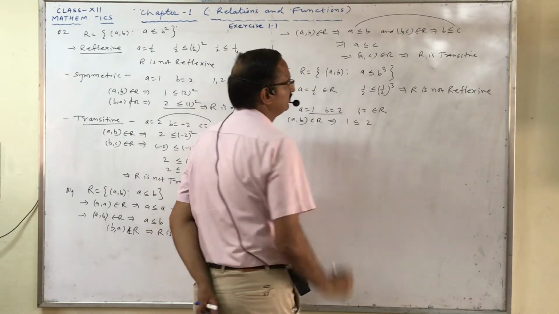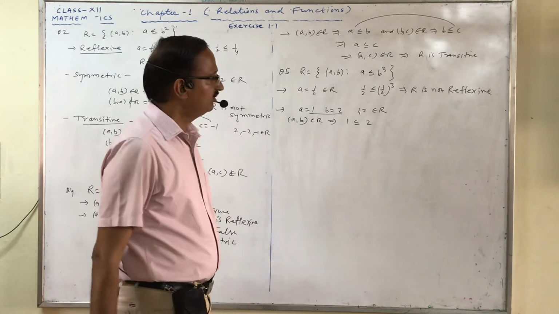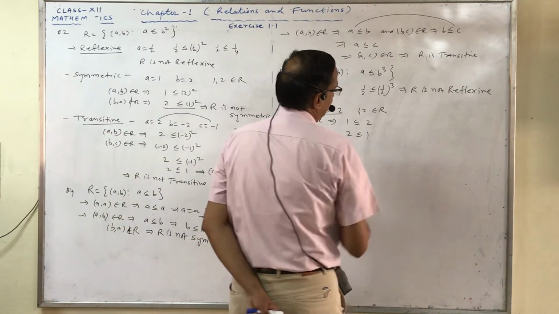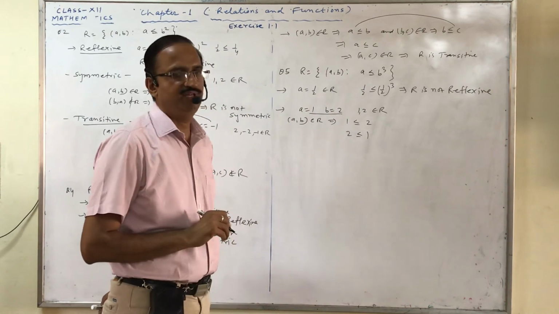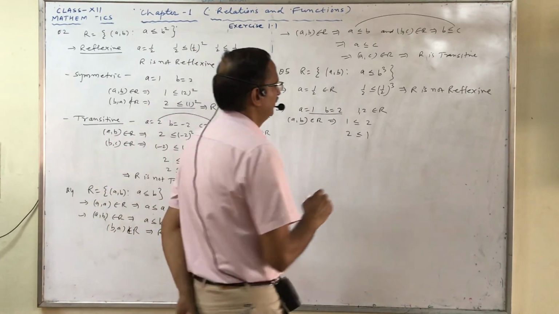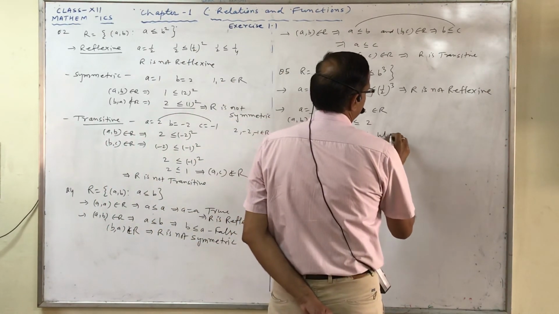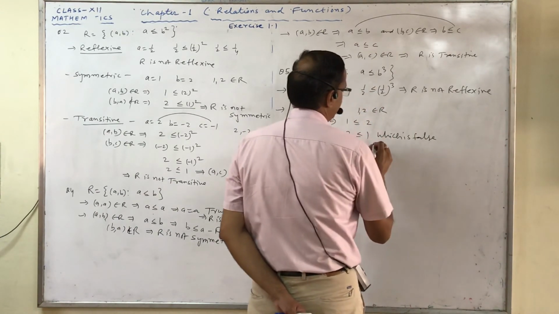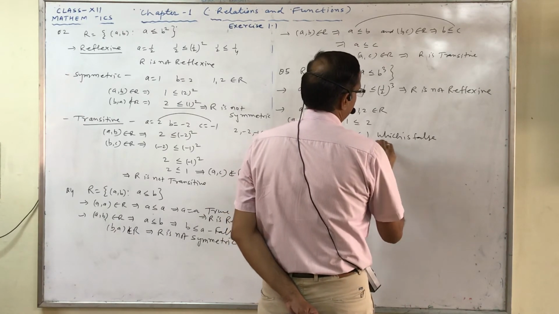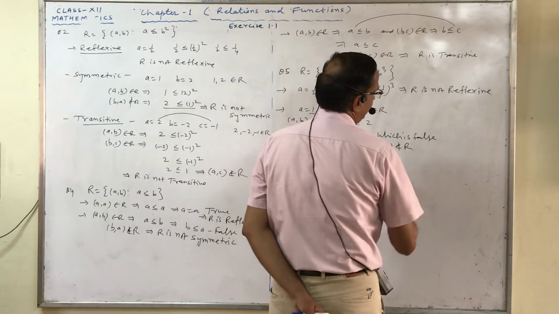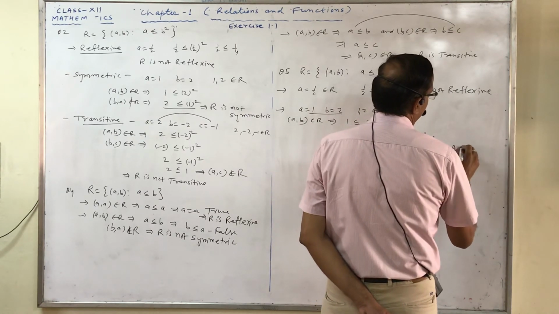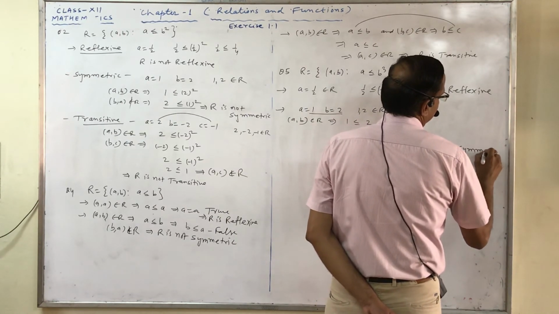It is correct. Now, is 2 less than or equal to 1 cubed? No, it is not correct. Which is false, or we can say that (b, a) is not related to R.